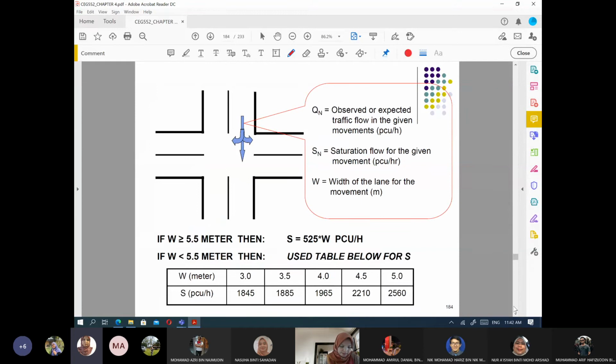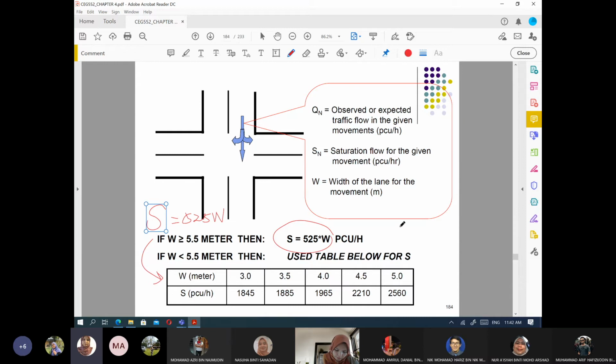Alright, this is how you calculate the S value. For the S value, you either use 525 times W, or you refer to this table. There are two methods to find S. The 525 times W, when do you use this one? When the table below cannot be used. Because this table is limited to 3 to 5 meter width only.